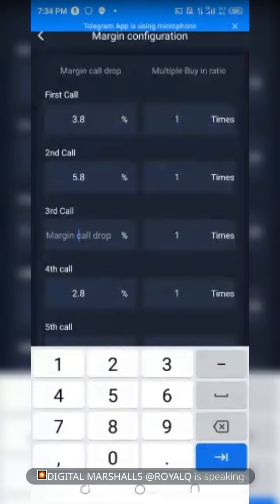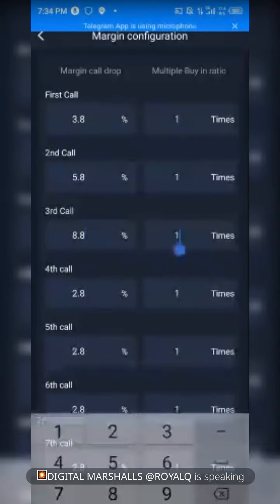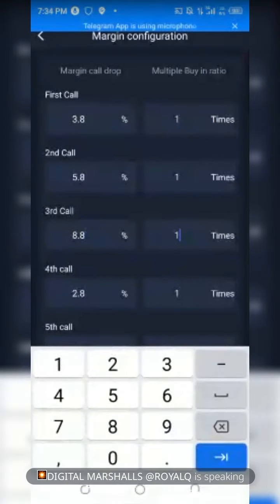The third call, my strategy, I put 8.8, because of the way market can easily go down. So I don't want all my capital to be taken all at once. So I use the strategy called dollar cost averaging.